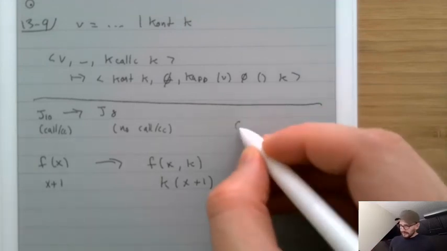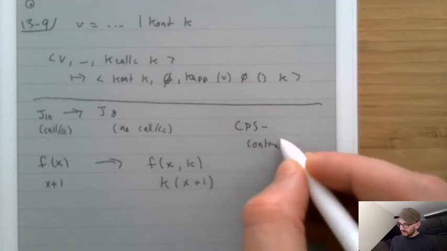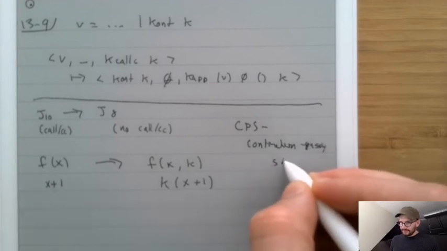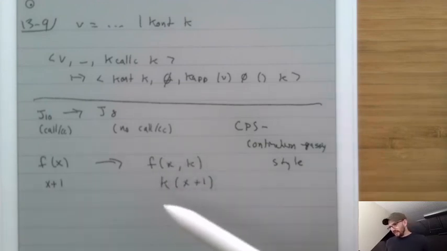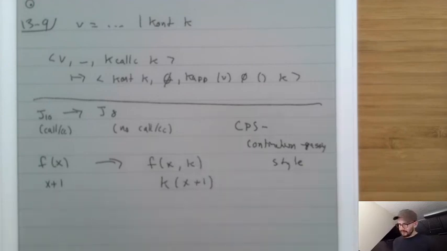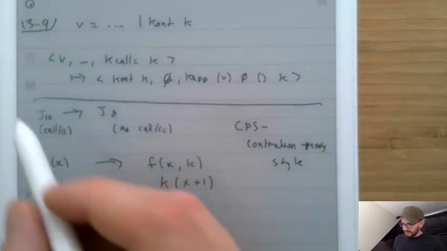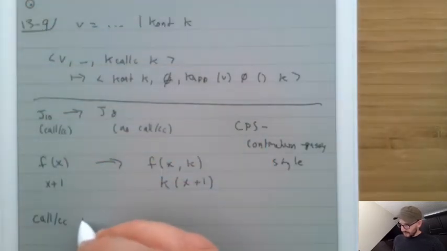This is called CPS, or continuation passing style. Continuation passing style modifies every function in this way to always have this additional continuation argument. And then we can implement call CC in the language itself like this.